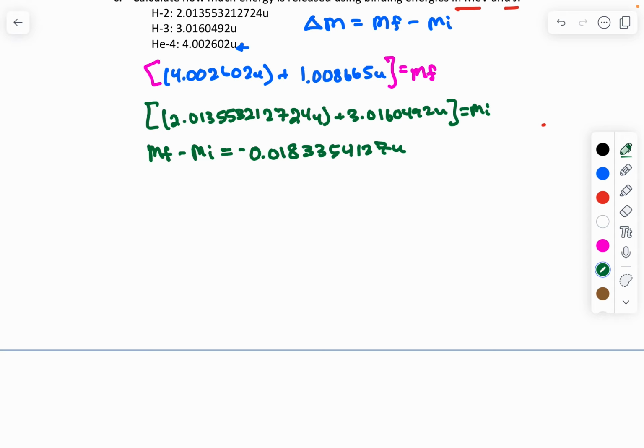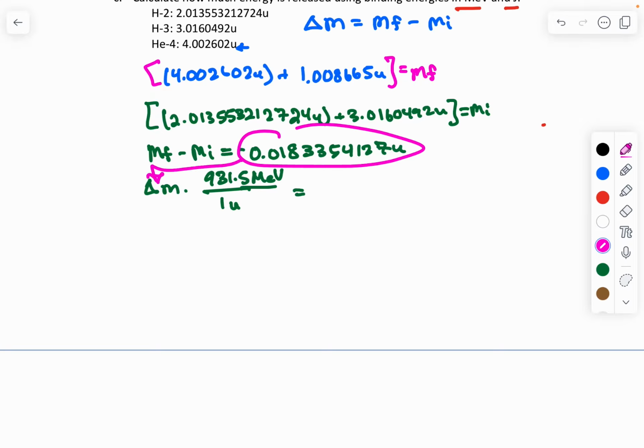Okay, so we get this, and now we do the same thing. We're going to do a conversion. So delta M is going to multiply by 1 over U, and then 931.5 MeV. If you do this calculation, you take this number and substitute that in, and you should get negative 17.007943695 MeV over c squared.